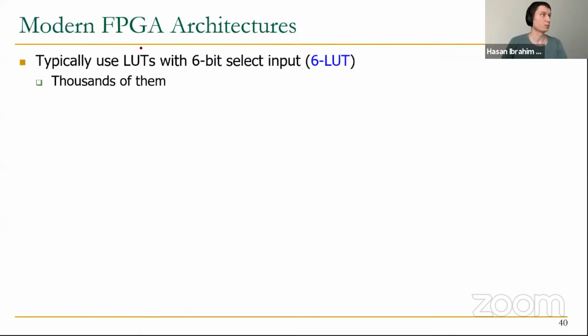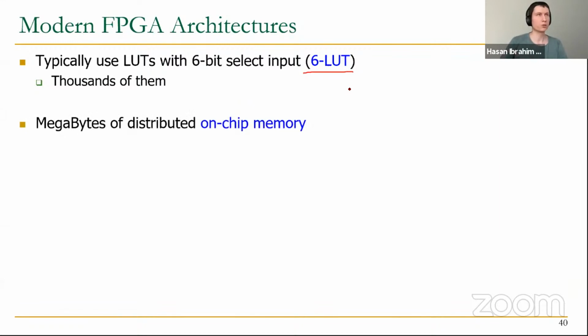Okay, let me also tell you about the modern FPGA architectures a little bit. So I showed you an example of a 3-bit lookup table, but modern FPGAs typically use more complicated blocks, and they also use 6-bit lookup tables. They also use a lot of custom hardware cores in the FPGAs. They even implement some simple CPU cores.